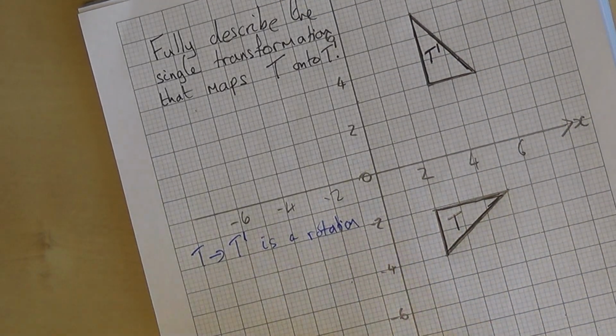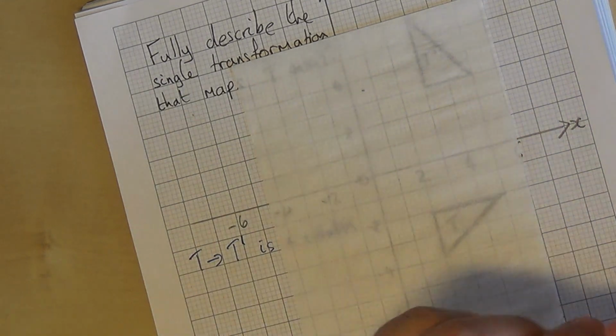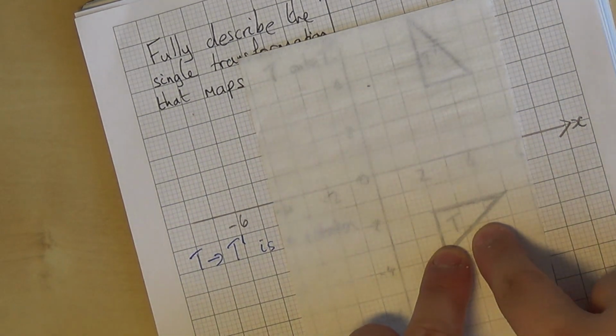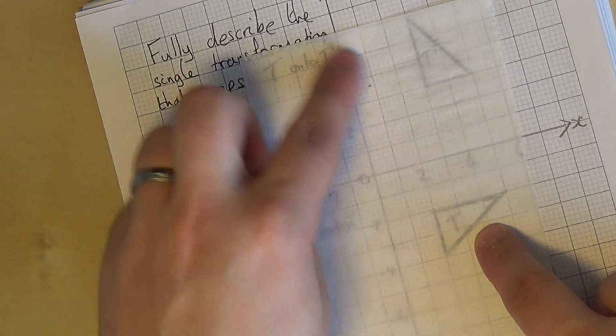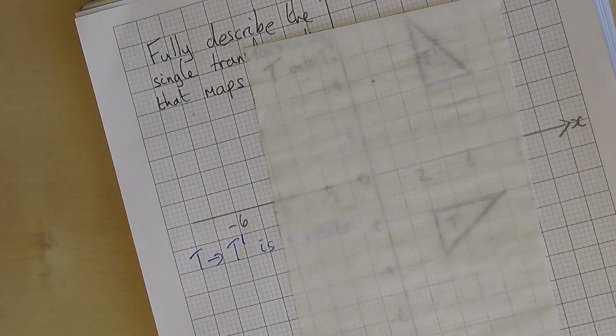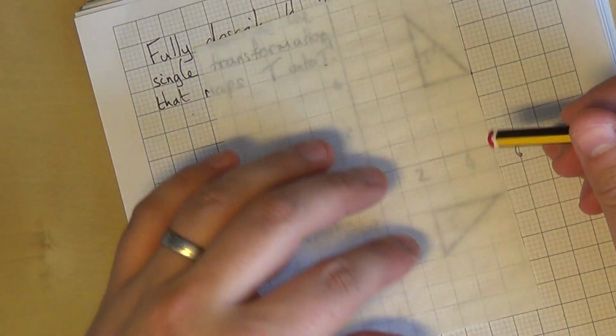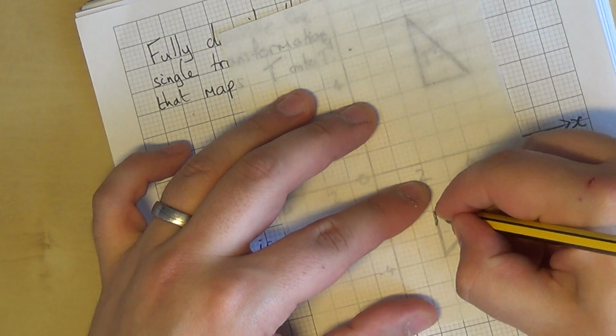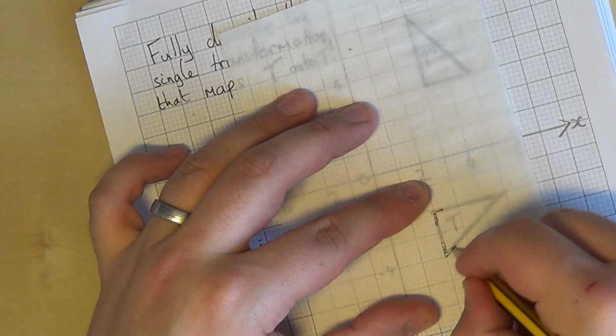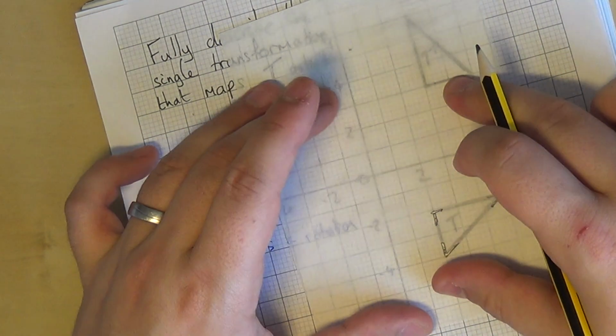So the normal way of doing this is again with tracing paper. You need to make sure that the object that we started with and the centre, which we haven't found yet, fit on the tracing paper. So we trace ourselves around the initial T, and then we just guess what the point might be.